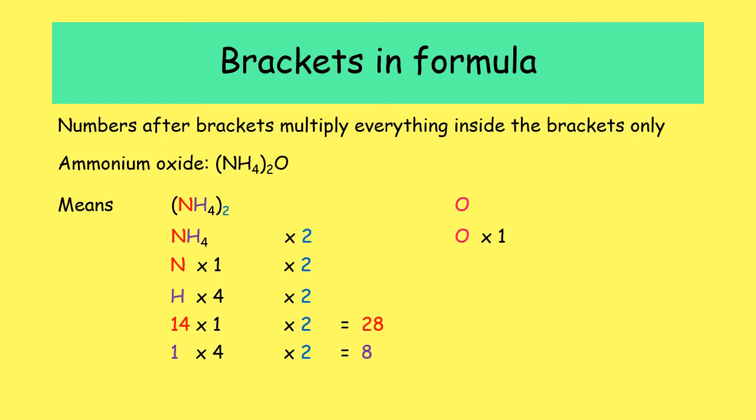Then we have to remember we've got that times 2, which gives us 8. With oxygen, moving on to it, we've got oxygen times 1. We look up the mass of oxygen, it is 16. 16 times 1 gives us 16. And when it comes to adding together the gram formula mass, it's 28 from nitrogen, 8 from hydrogen, and 16 from oxygen, which gives us 52.